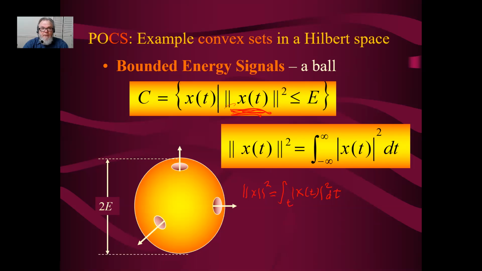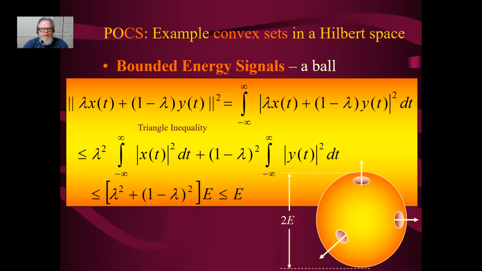We can prove it by going to the definition of convexity, and here it is. If you'd like to go through it, you're welcome to. But we use something which I hope you've heard of before. It's something called the triangle inequality.